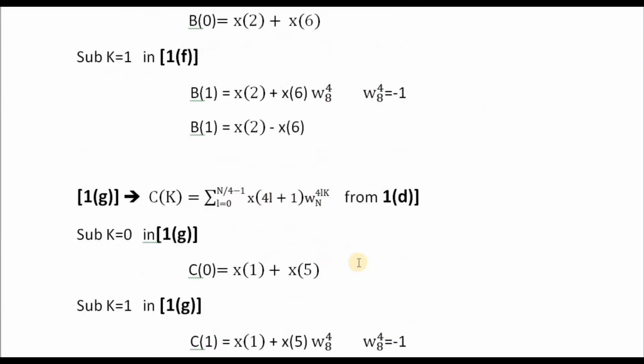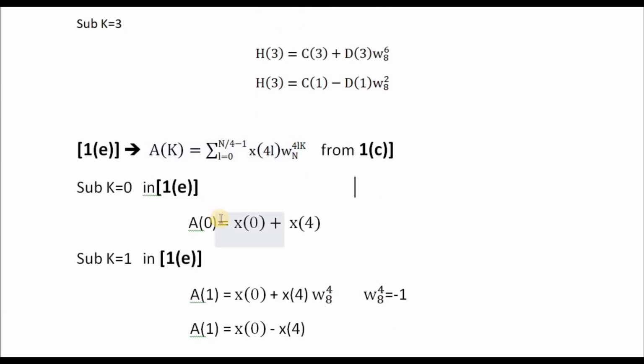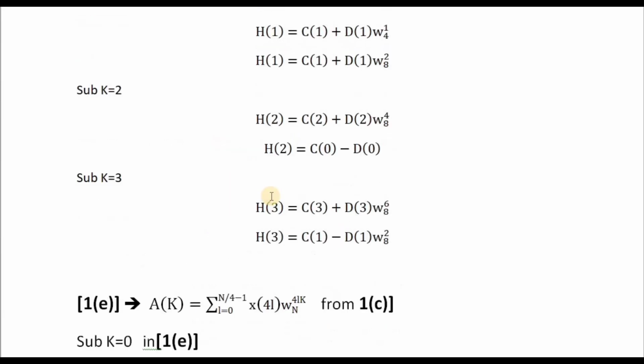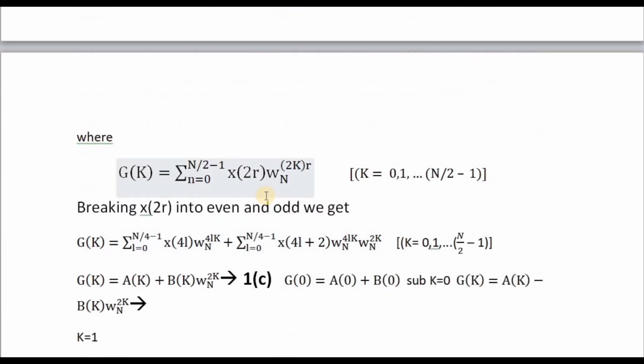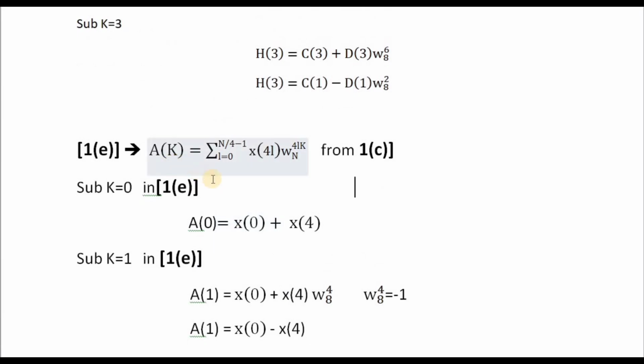So next I am going for a of k. Okay. So we substitute a of 0. If I substitute a of 0, I will get x of 0 plus x of 4. Right? You check where is a of k. So this is your a of k and this is your b of k. Okay. So if you substitute 0, you will get a of 0 is equal to x of 0 plus x of 4.